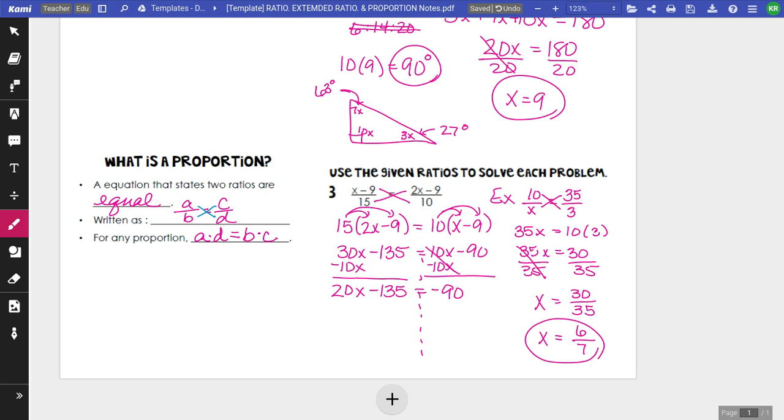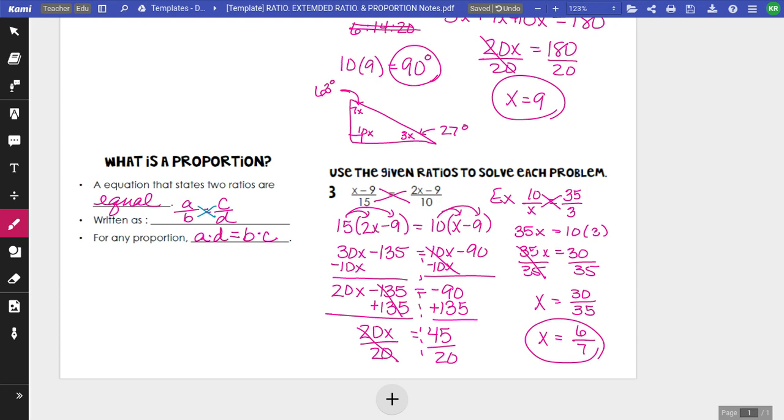Okay, then I got my x's on the left side, so I'm going to move my 135 over to the right side. So that cancels. So 20x equals 45. So divide by 20, divide by 20.